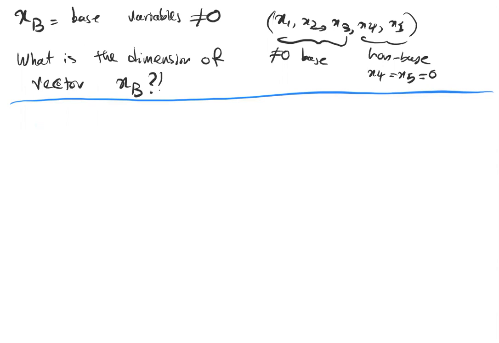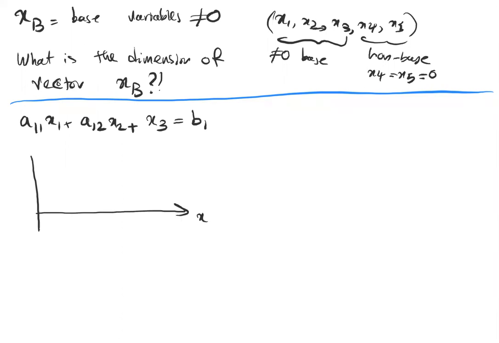Our constraint is a11 x1 plus a12 x2 plus x3 is equal to b1. So in this case, this is x1, this is x2. So we already know that x1 and x2 are positive values.